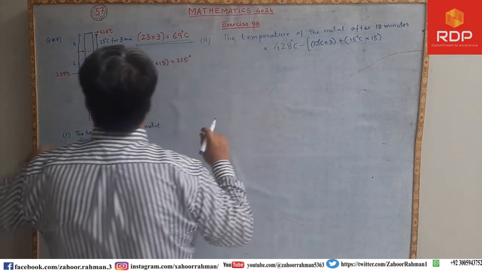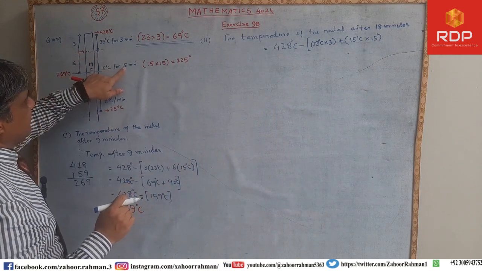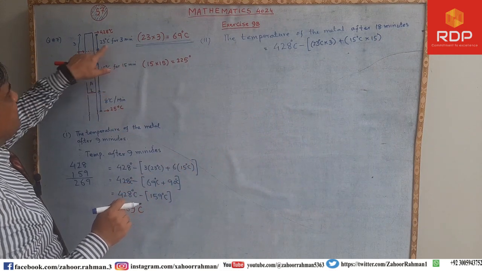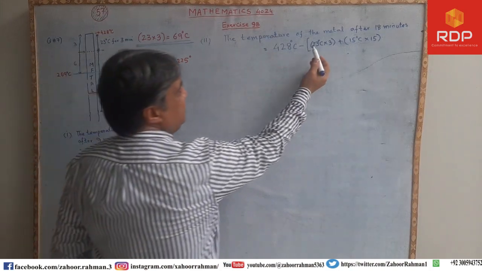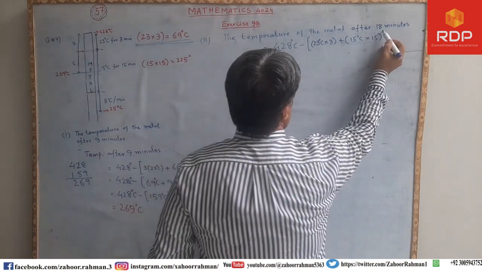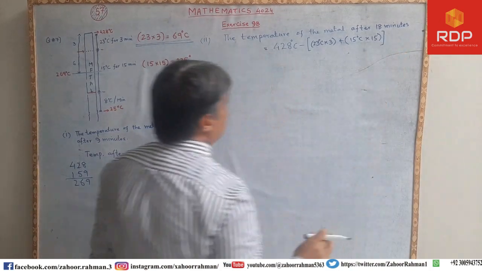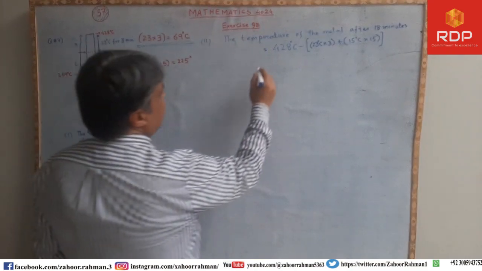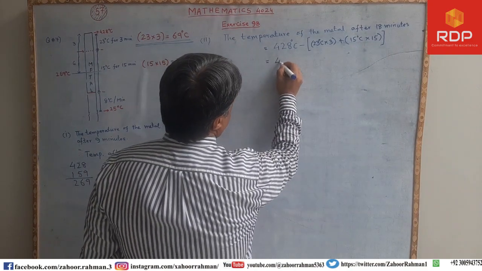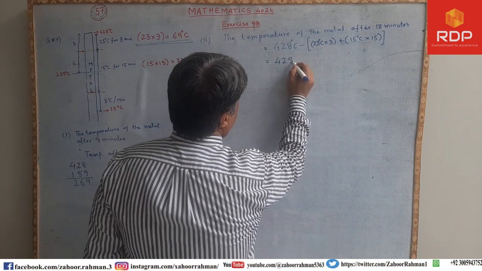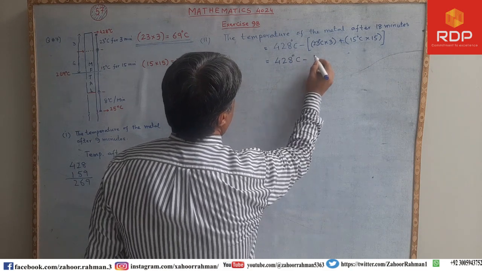Why this 15? Because this is 15 minutes with 15, and 3 minutes with 23. So 23 multiplied by 3 and 15 this. This will not be the answer, but we have to pave the way for the solution.